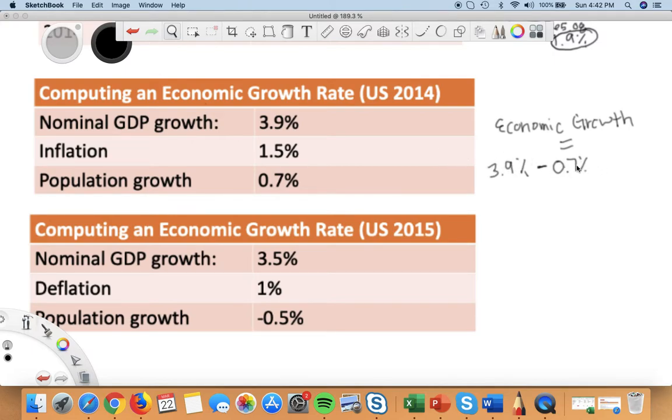And then we're going to subtract out inflation, which is our percent change in prices, minus 1.5%. And it's just as simple as typing that into your calculator. So 3.9 minus 0.7 minus 1.5, you should get 1.7% as your answer.